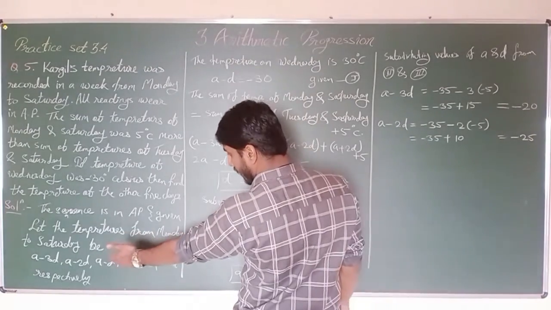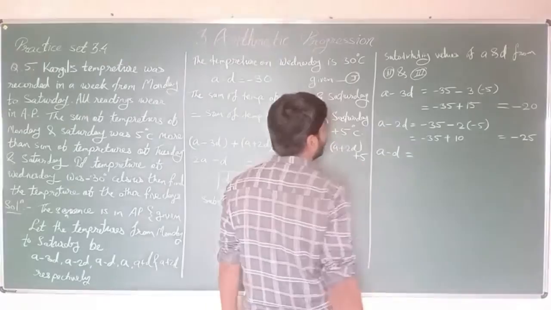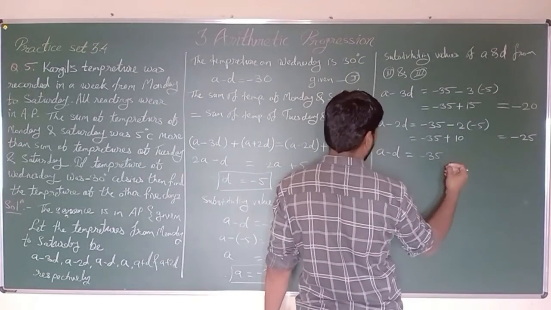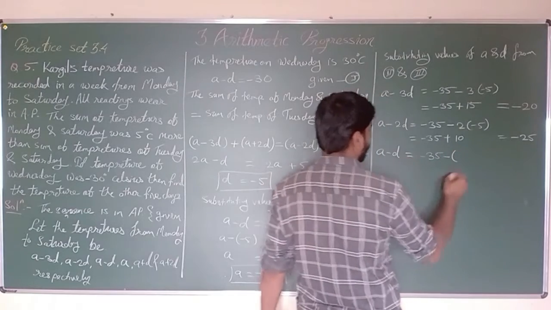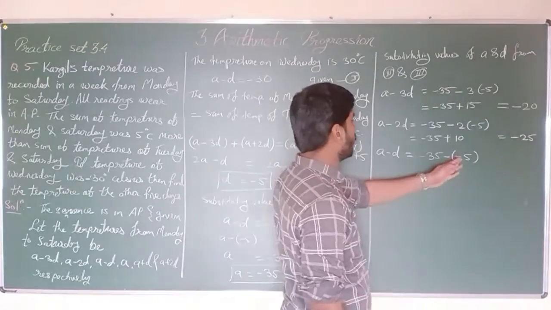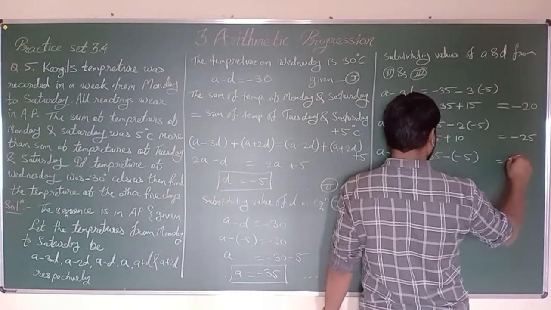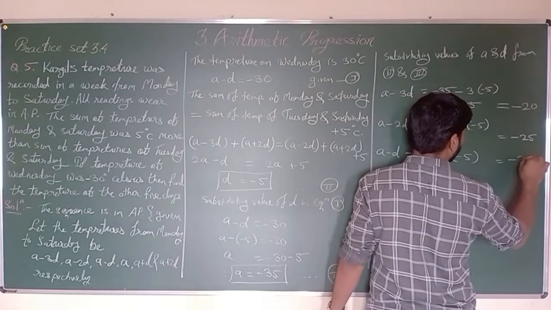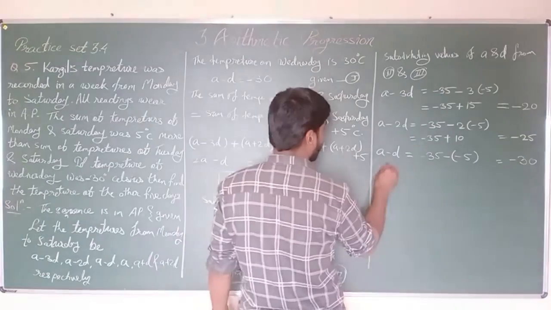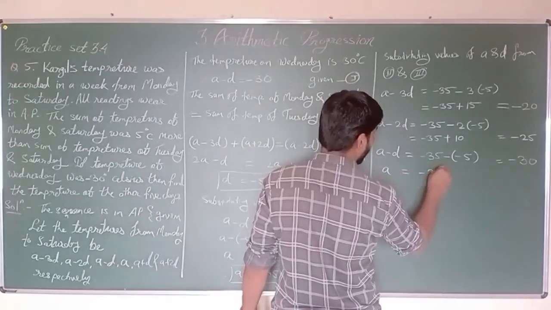On the third day, it is a minus d, which is equal to negative 35 minus negative 5, negative into negative becomes positive. So this is negative 30. On the fourth day, it is a, which is equal to negative 35.